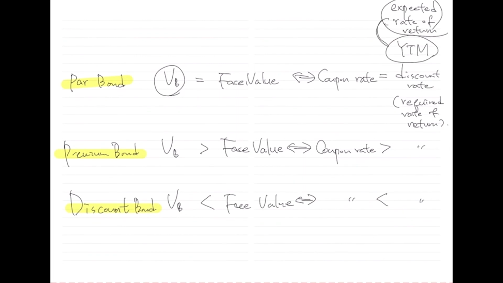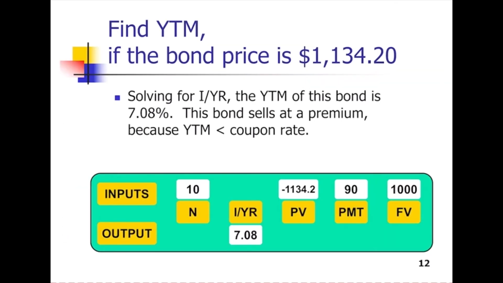These are similar concepts. As I mentioned before, the coupon rate is lower than yield to maturity, so we can say this is a discount bond.